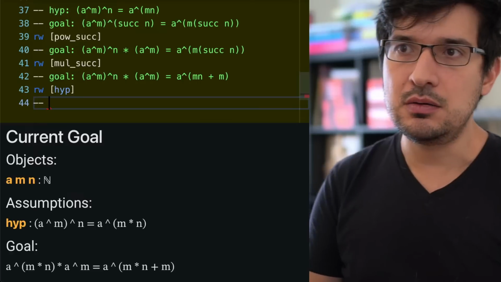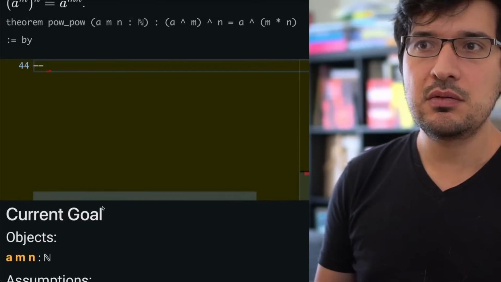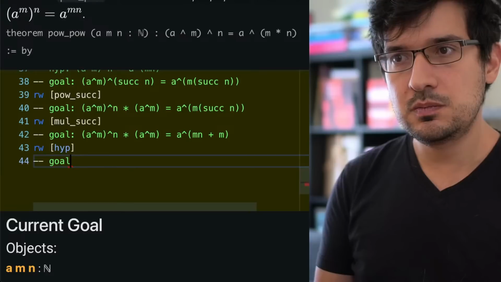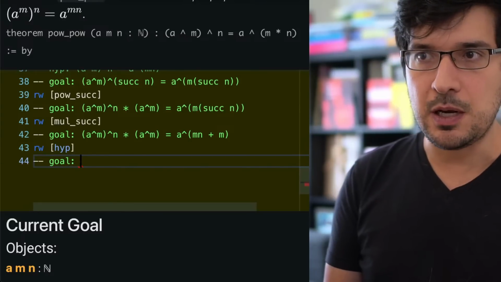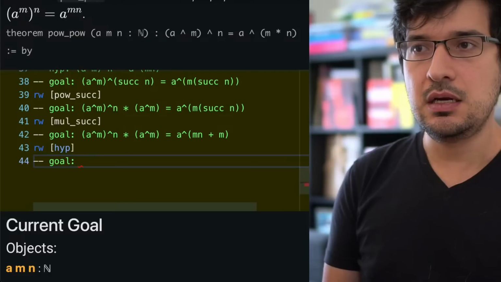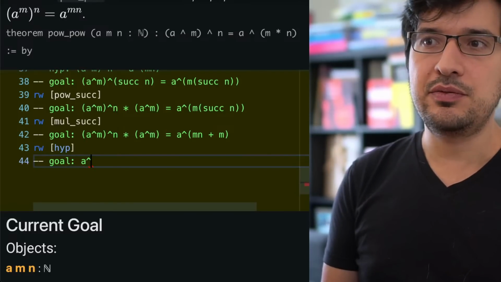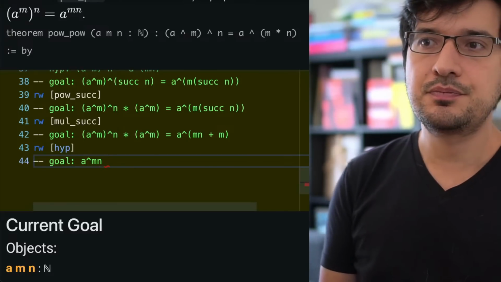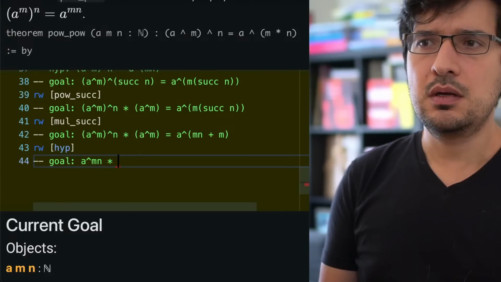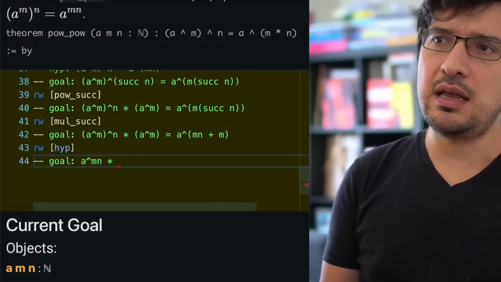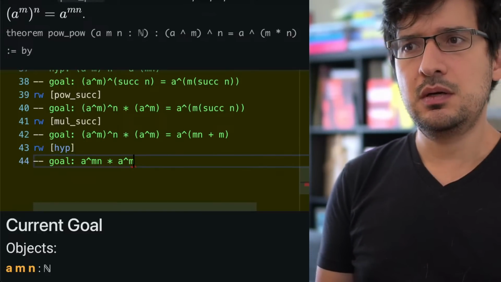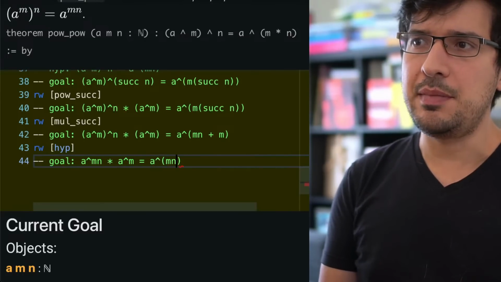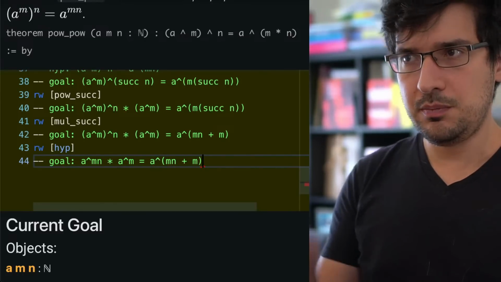Okay, so now let's see if I can do this in my head instead of peeking. So now the goal after applying the inductive hypothesis should be a raised to the, I'm going to use shorthand, goal raised to the mn times a to the m equals a raised to mn plus m, right?